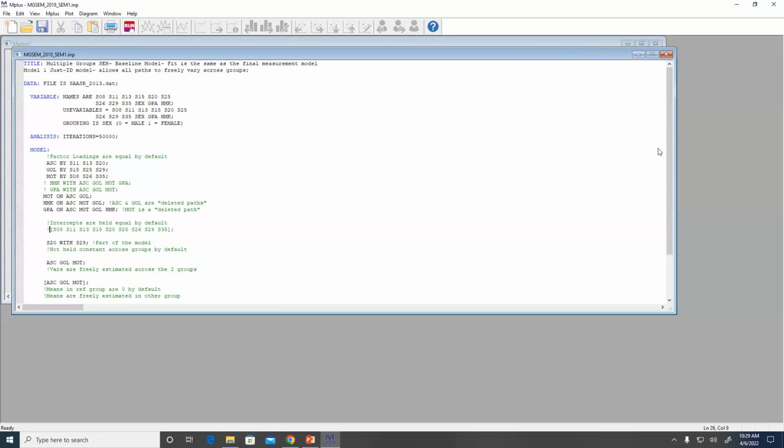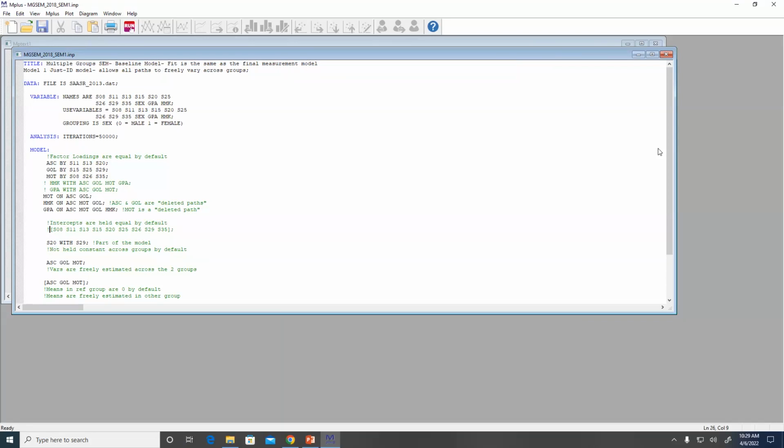So what's the logic that's going to make sense as we build these models? We're not going to just start by deleting those three paths across the two groups. That doesn't necessarily make sense.